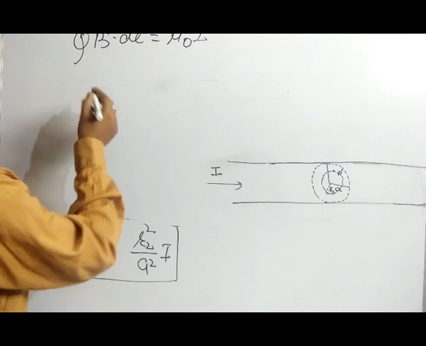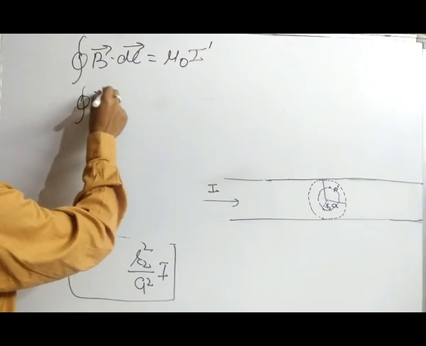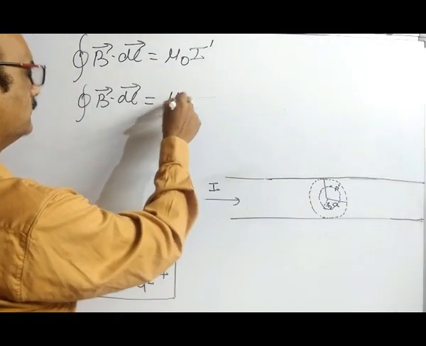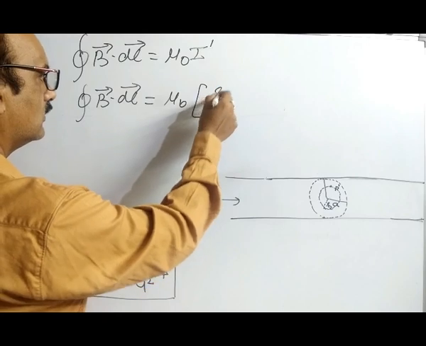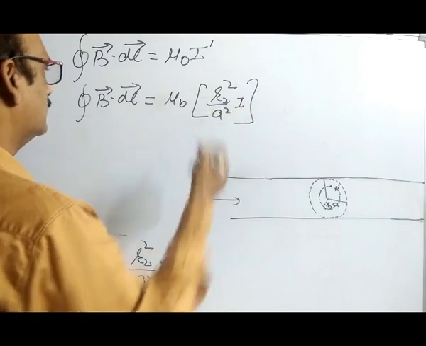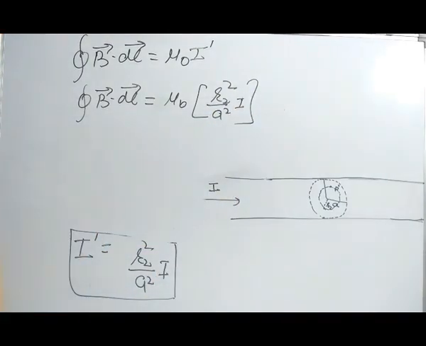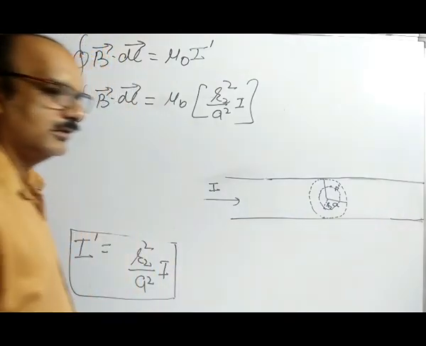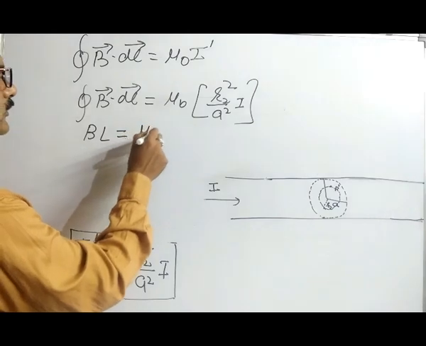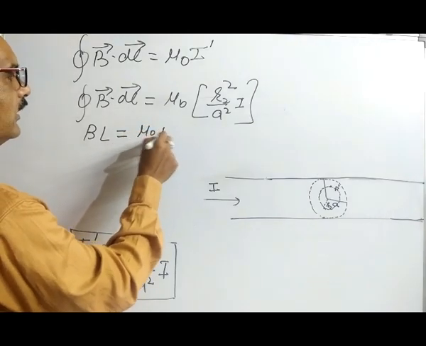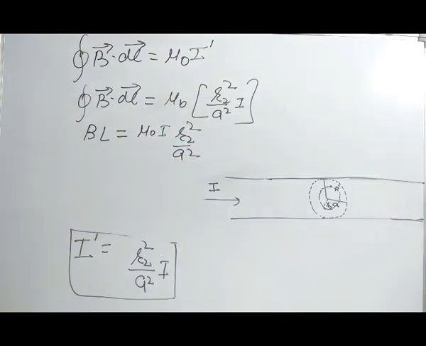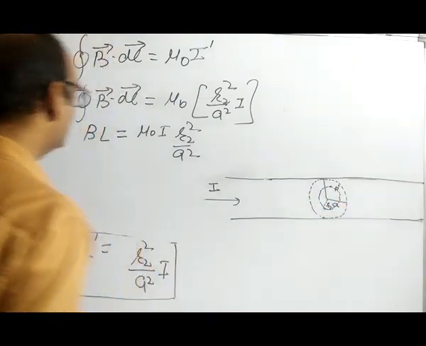That is integral B dot dl equal to mu naught r2 square by a square into I. Since magnetic field is constant over Amperian loop, this will be BL equal to mu naught I r2 square by a square. L is what? Circumference of Amperian loop.